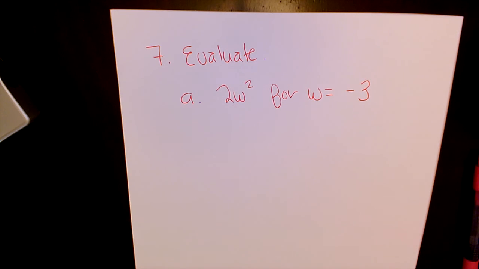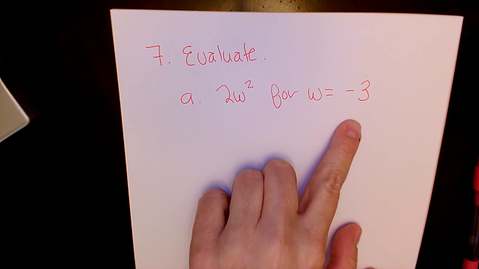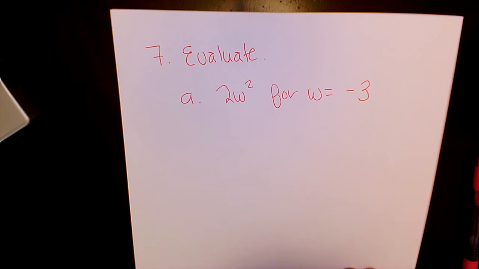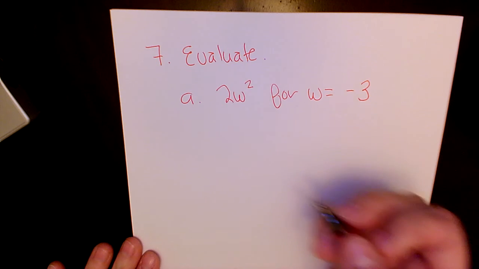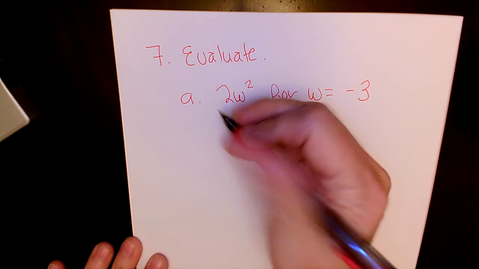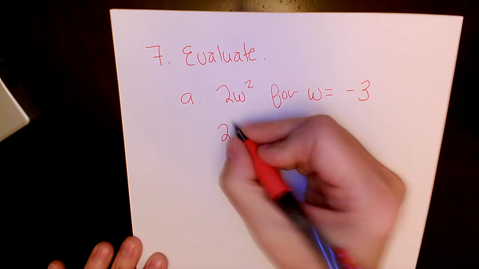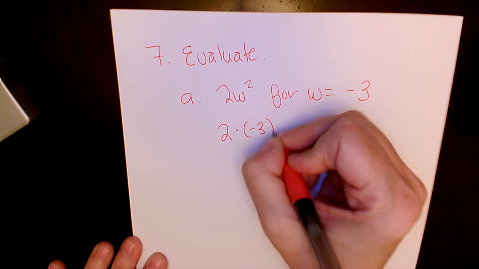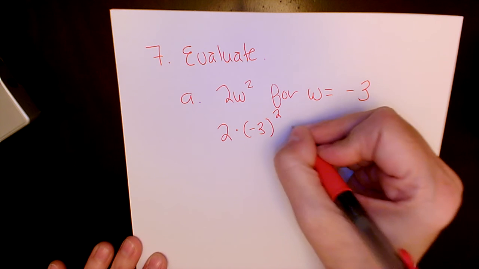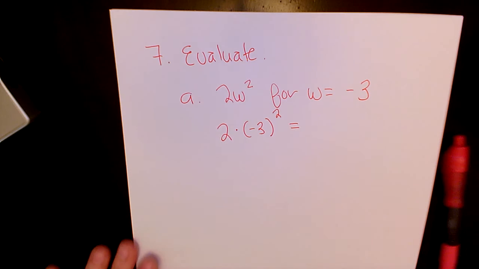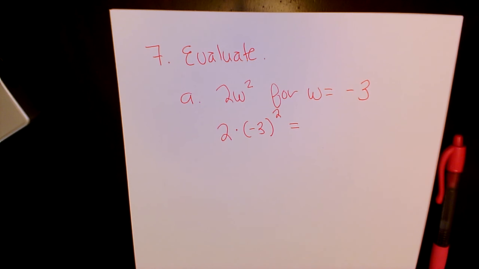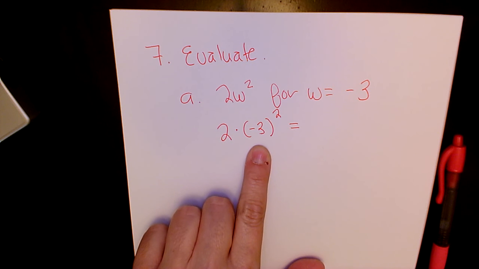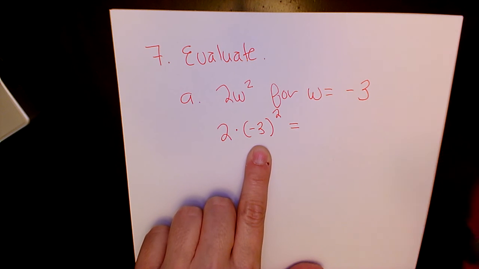Okay, so 2w to the second power, w is negative 3. Wherever there's a w, I'm going to put a negative 3. So 2 times, since it's negative, I'm going to put parentheses around it. This just means negative 3 times negative 3.